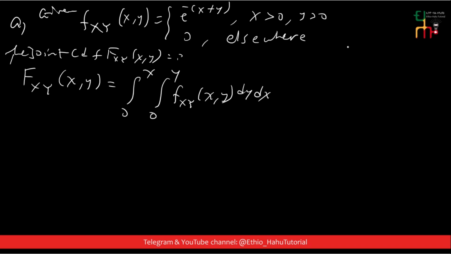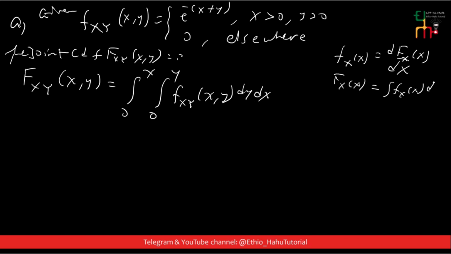For one random variable, f_X(x) ማለት ምን ማለት ነው? dF_X(x) by dx, first derivative of the cumulative distribution function, probability density function ይሰጠናል። F_X(x) ለማግኘት ደግሞ ምን እናደርጋለን? ኢንቴግሬት እናደርጋለን። ሁለት ራንደም ቫሪያብል ደግሞ ያለው ከሆነ F_XY ከተሰጠን ምን እናደርጋለን ማለት ነው?